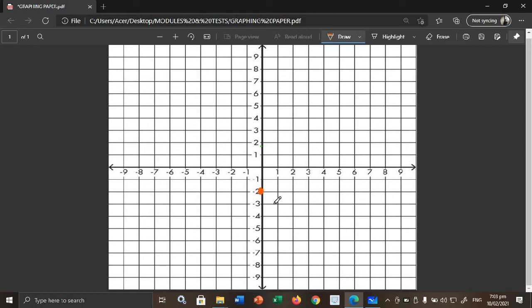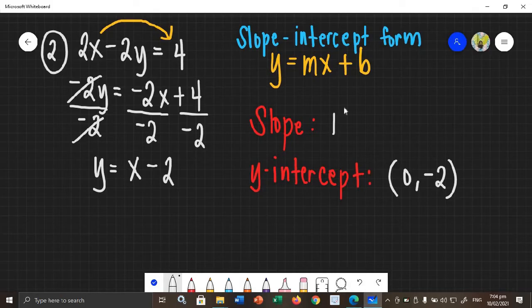So, here. (0, -2). And then, for us to find yung second point natin, kailangan natin yung slope. But then, walang denominator yung slope. So, kapag wala siyang denominator, ang denominator niya, obviously, ay 1. So, that will be your rise over run.